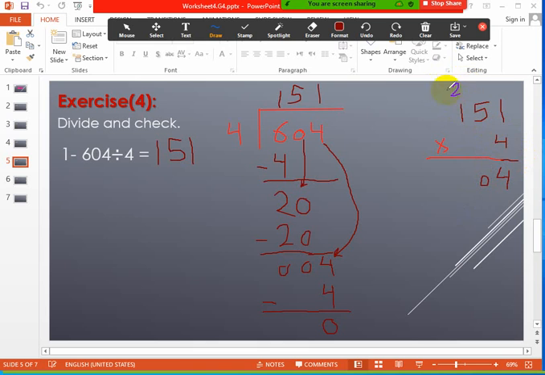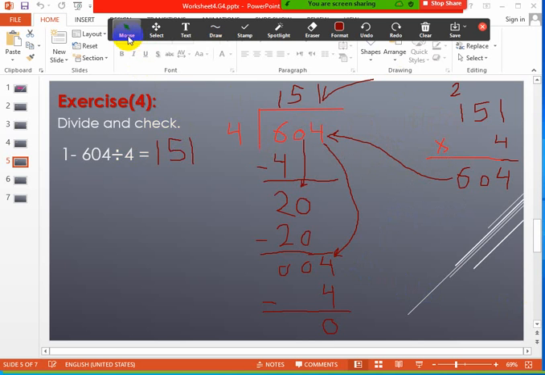Now 4 plus 2, 4, 5, 6. That means equals 6. Look, I have the same dividend. That means my quotient is correct. Thank you, Rina. So this is how I will check if my answer is correct.